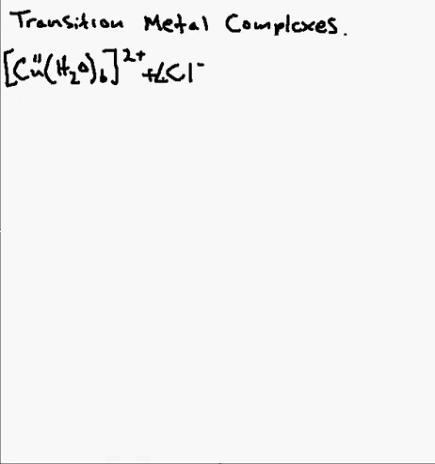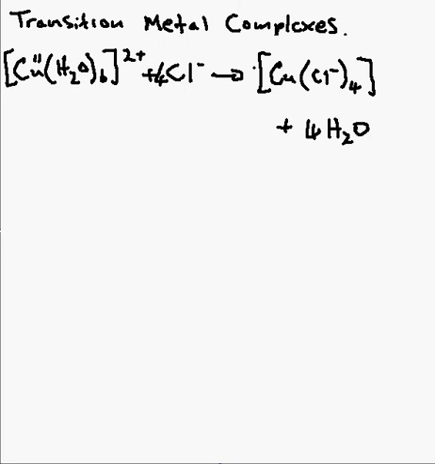This time we're going to use 4 of these Cl minuses, and the difference is this time not only have we got rid of all of the water, they've all gone, so we've put them down here just to balance the equation. This is still 2 plus, however if we look at the sums, these are all neutral, so it's 0 times 6, and that's your 2, gives us your 2 plus. This is still 2 plus, but we have 4 times minus 1, so overall that's 2 minus.